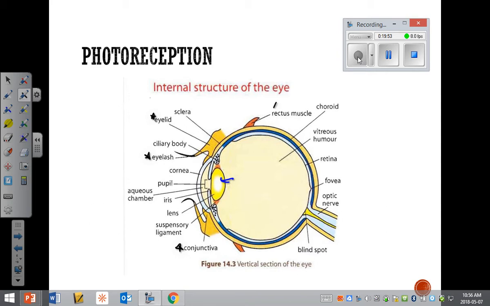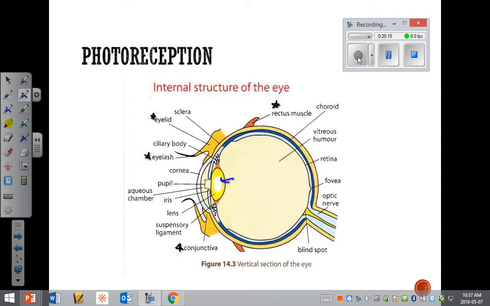The other thing is over here, you have some muscles attached to your eye that help you move your eye up and down and back and forth so you can look at different things. So while those structures are there, and they are important, and they are often shown in pictures, I wouldn't expect 'what's the function of the rectus muscle' to be a diploma question.